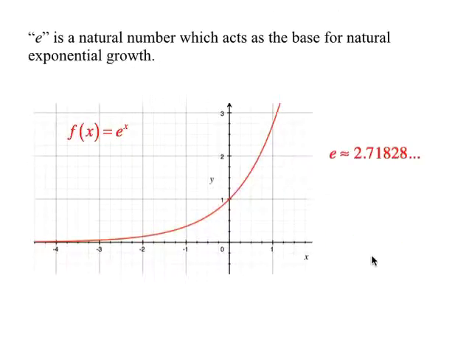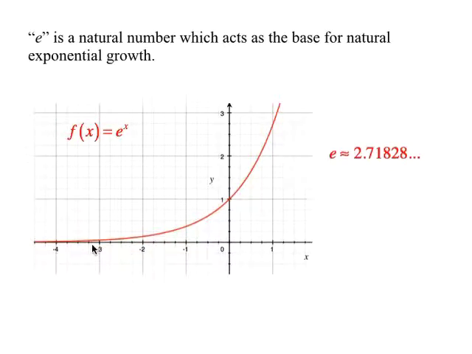Now, we chose to explore graphs with a base of 2. We could have easily done a base of e, the natural number e, which, remember, is just a number. It's a very long number, but it's still a number. And so if we have that number to the x power, it's still going to give us this general shape.